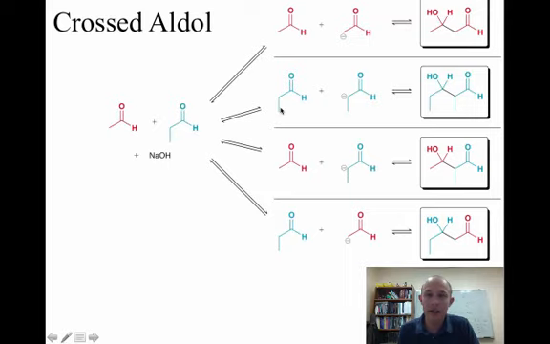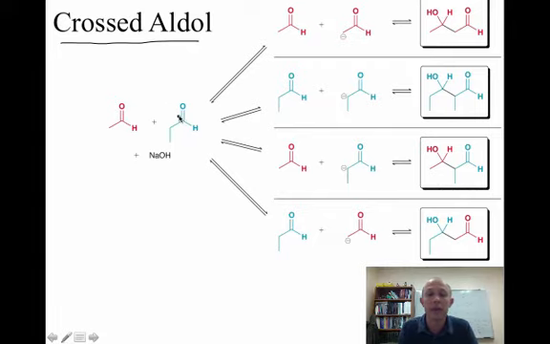Okay, the last thing that I want to talk about in terms of the aldol reaction is, what we've talked about up to this point is the same aldehyde as the nucleophile and the electrophile, right? If you have two different aldehydes that you want to react with one another, it's called the crossed aldol. So let's say we had a 2-carbon aldehyde that we wanted to react with a 3-carbon aldehyde.